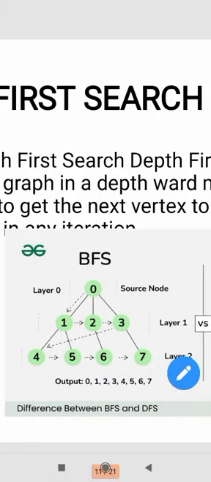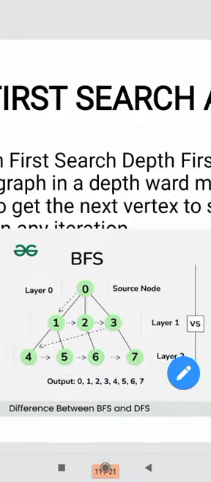BFS, breadth first search. So circles represent vertices. Lines connecting them are called edges. So the first node will be the source node or the parent node. So it will be output layer by layer.